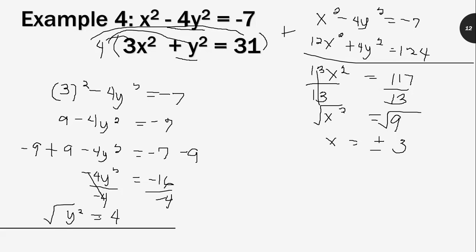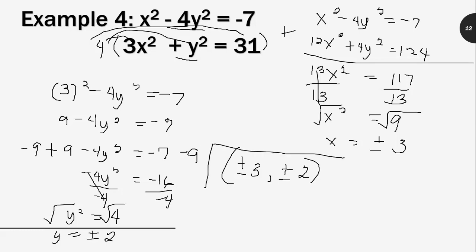And then square root po natin, y is equals to positive and negative 2. So our x is positive and negative 3. Our y is positive and negative 2. So this is our solution in example number 4 using the elimination method. Thank you.